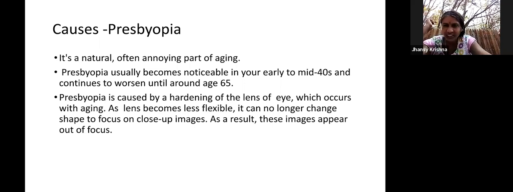In this, there is hardening of the lens of the eye, which occurs due to aging. The lens becomes rigid and can no longer change its shape in order to focus images.